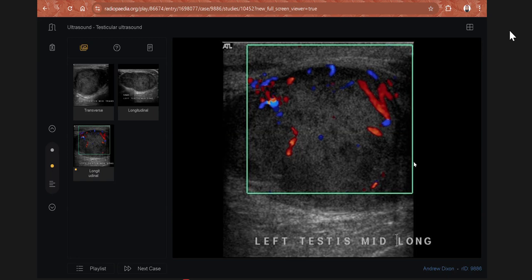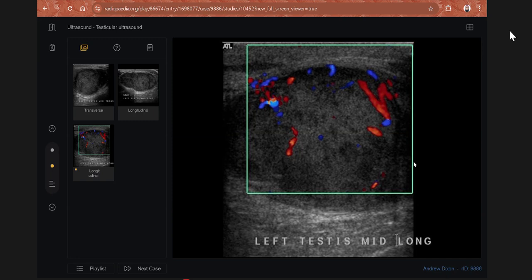Yes, sir. So it looks like it is giving a picture of orchitis, because there is no associated hydrocele, and the vascularity is intact. Rather, it is increased in the given picture. The other topmost differential is epididymo-orchitis.